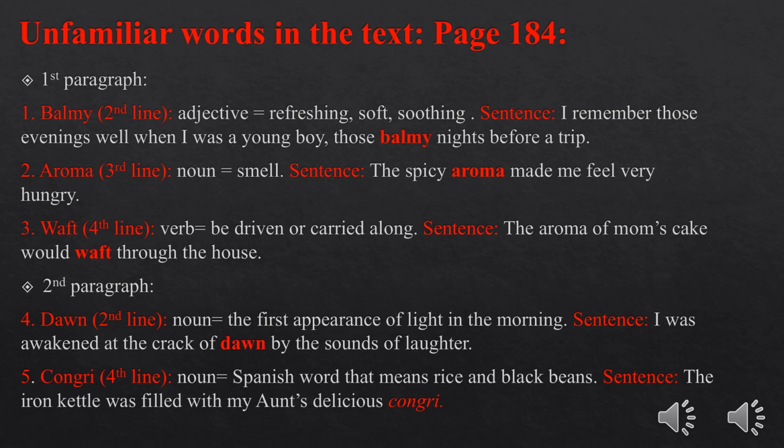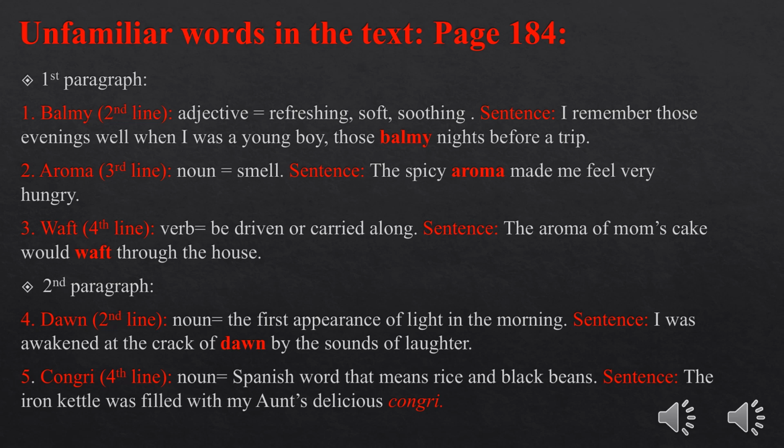Number 3, waft, and it's found in the fourth line. It's a verb that means to be driven or carried along. Example: the aroma of mom's cake would waft through the house.